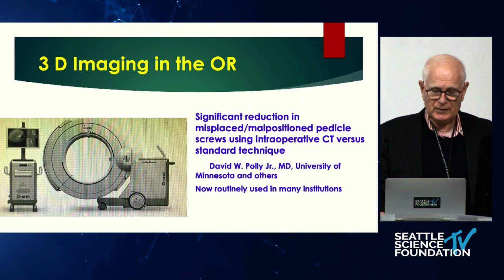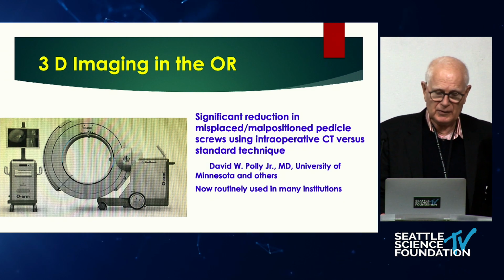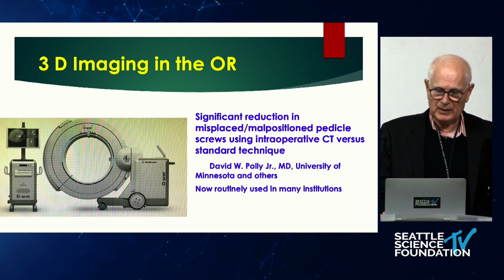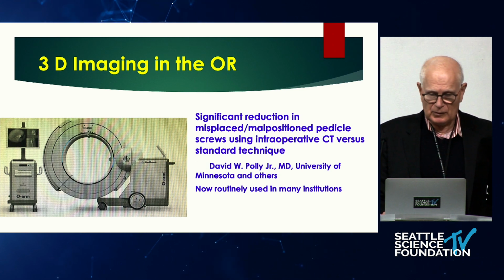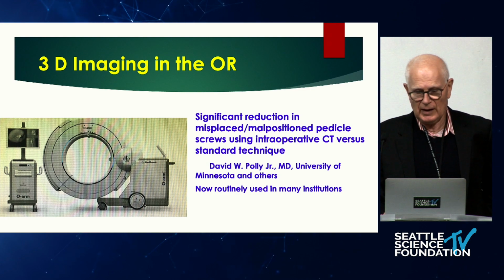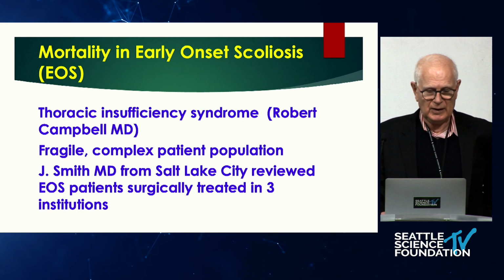This made a huge difference in our practice. We now use this pretty routinely. Certainly for any complex spine deformity, but we pretty much use it routinely now, even in the adolescent spine deformity. It allows you to insert these screws into the anatomy you can actually see on the screen.